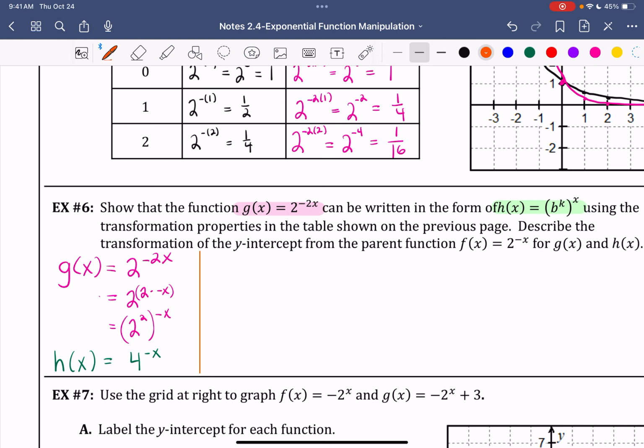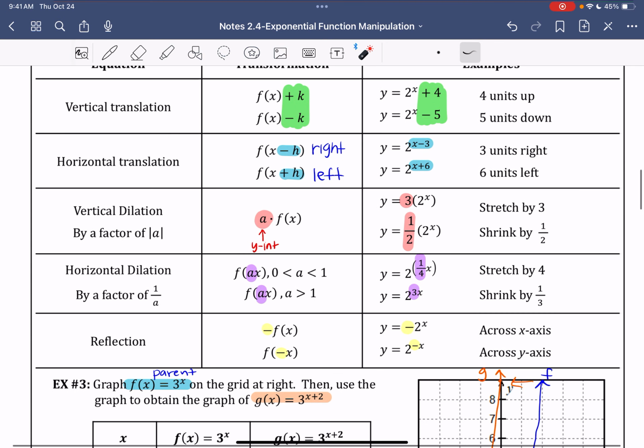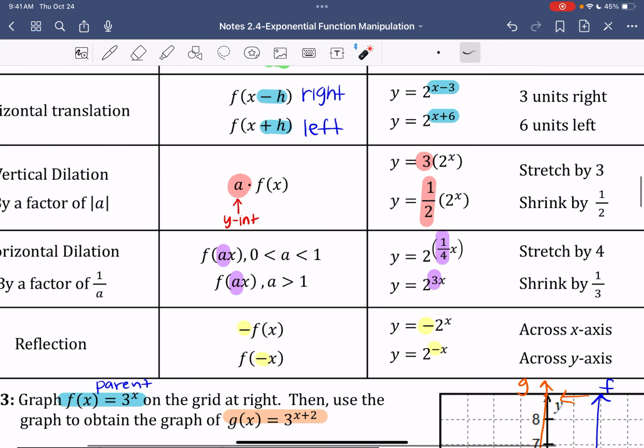So with g of x, I have a 2 right here. The parent function that they wanted us to compare to is 2 to the negative x. So the negative sign here, let's kind of ignore it. From negative x to negative 2x, they put a 2 there. And back on our table of transformations, when we have numbers in the exponent, just like right here, there's a 3, that's going to be a shrink or a stretch, depending on what number it is.